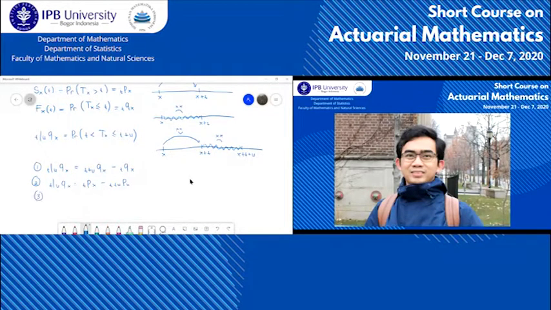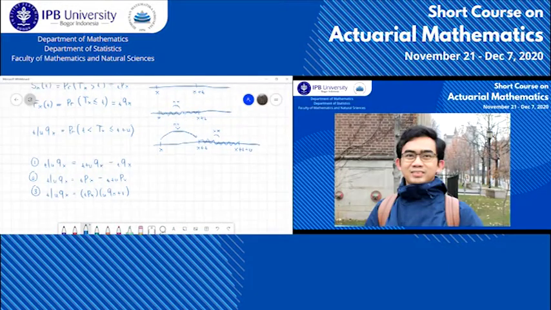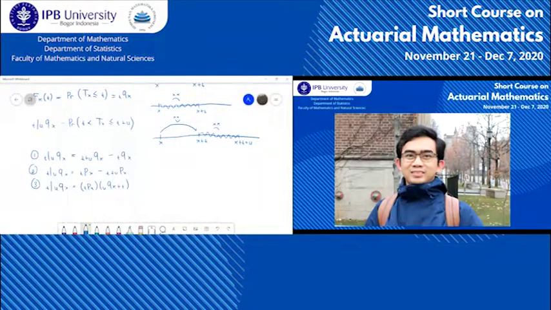And the last one, t bar u q x is equal to t p x times u q x plus t. So think of this as the chain of events that need to occur. The person age x lives t more years, this one, times death in the next u years, this one. So this one is t p x, this one is u q x plus t.